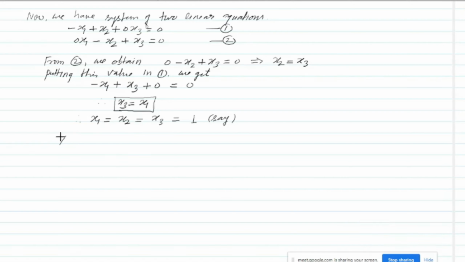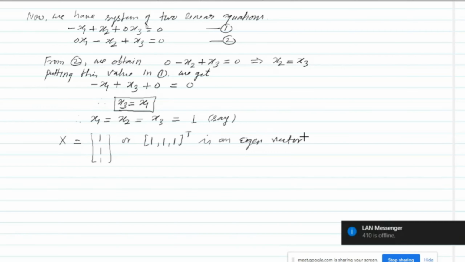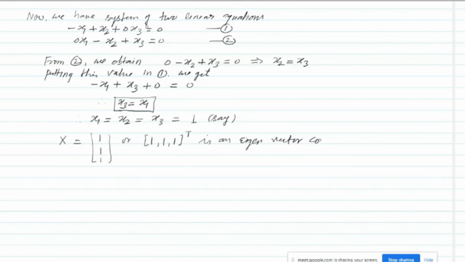Therefore x equal to 1 1 1, or (1, 1, 1) transpose, is an eigenvector corresponding to eigenvalue lambda equal to 1.